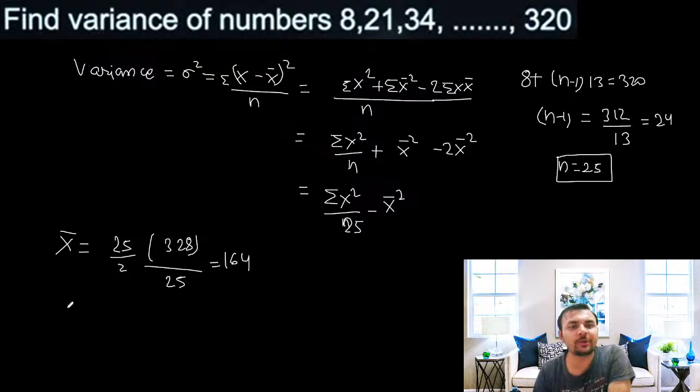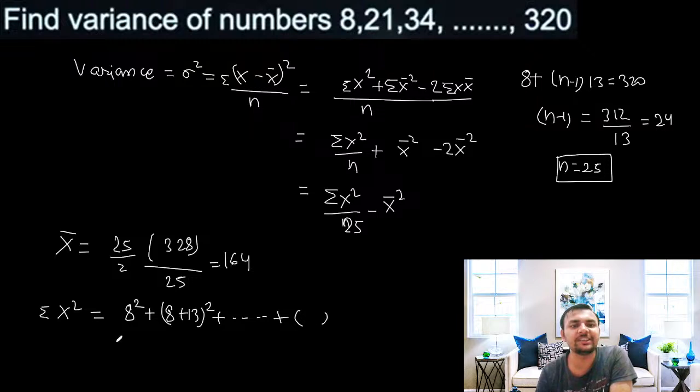Now x square. Summation of x square we have to find. So if we consider that it is 8 square, 8 plus 13 whole square, dot dot dot, we have to simply find the summation, isn't it? So it's better to find the Tn term.